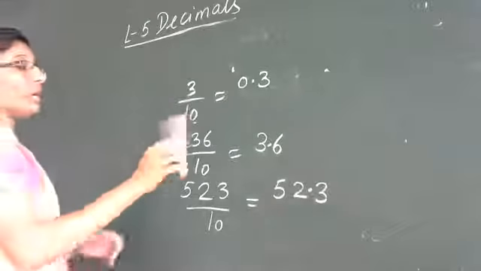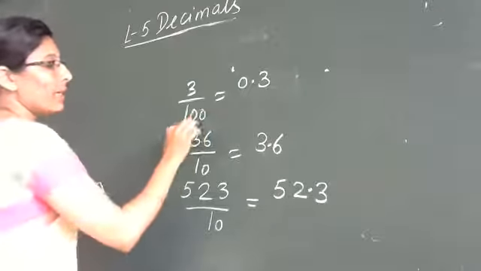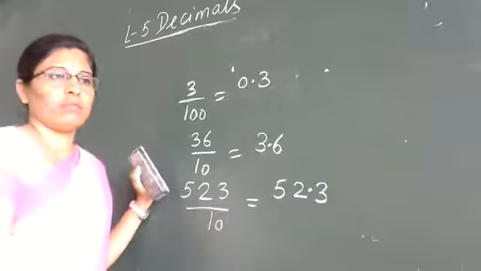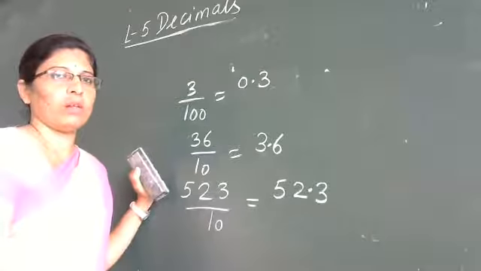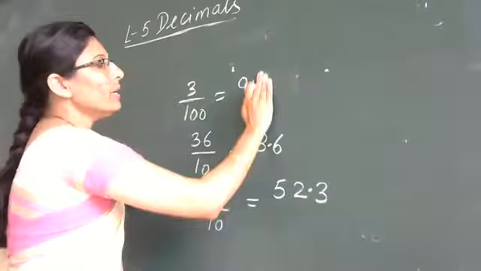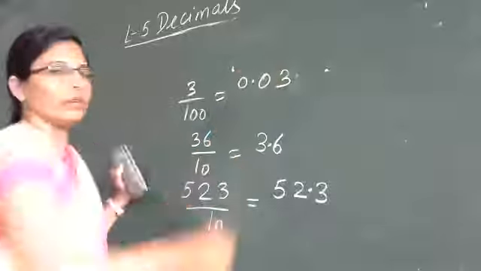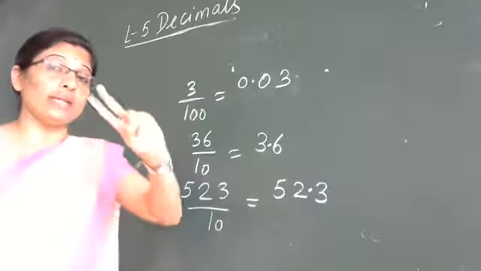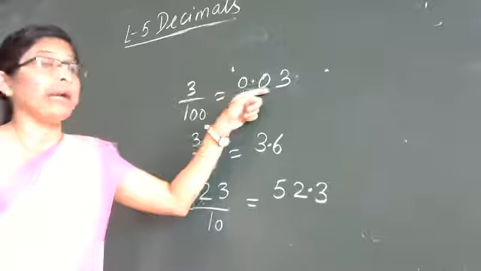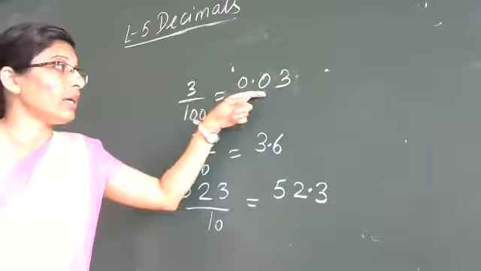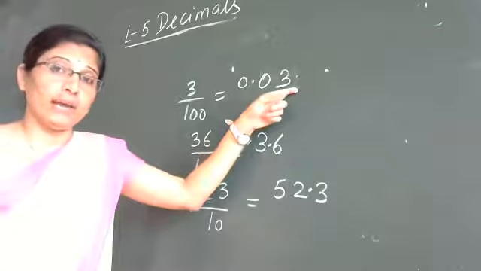Yes. Now if it is 100, same example, if 100 is there, 3 by 100 becomes 0.03. Why? Because 100 is there, 2 digits means 0.03; after the decimal 2 digits should be there.